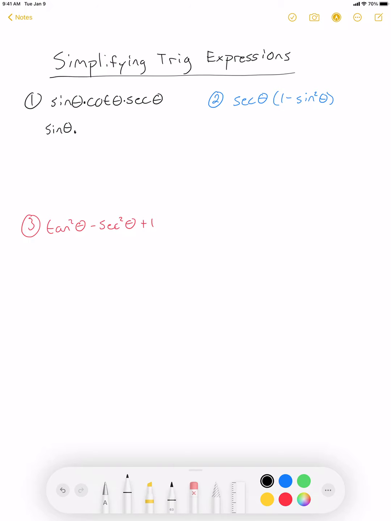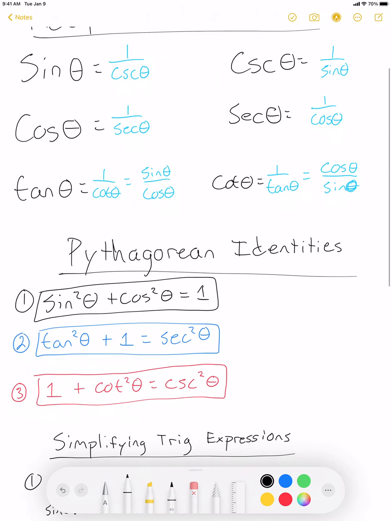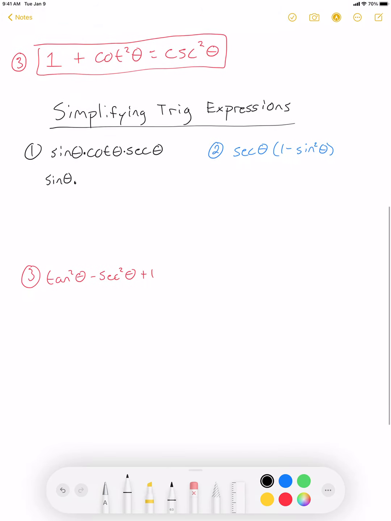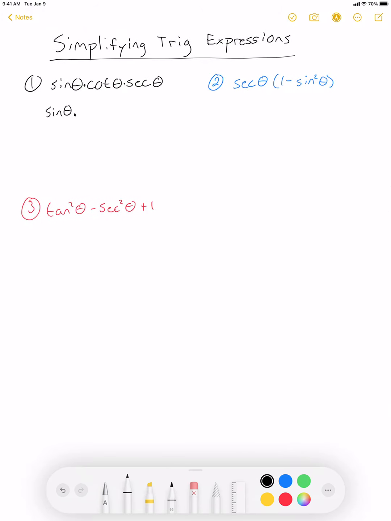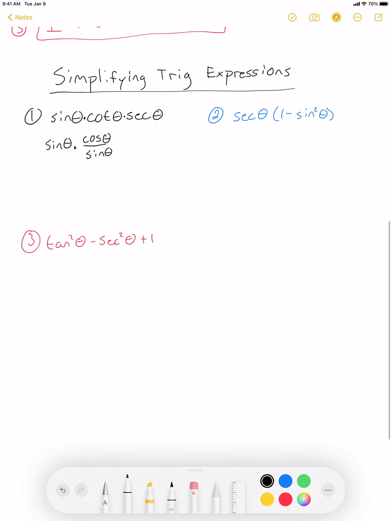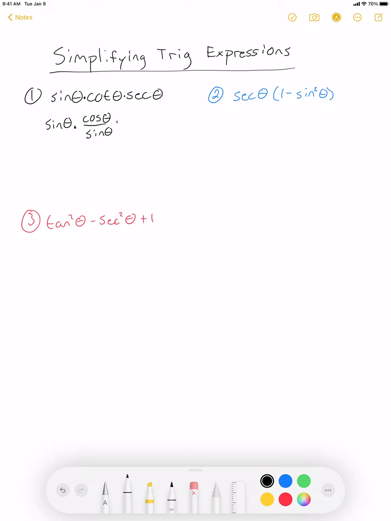Cotangent is cosine over sine. From here, secant, we can rewrite secant as 1 over cosine.